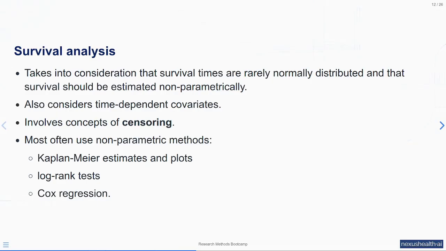So that example that we showed from JAMA uses Kaplan-Meier estimates and plots. And then the log rank test, which is a statistical technique to compare differences in survival times. And then we have the Cox regression, which is a special formulation of regression analysis that we use for time to event data.